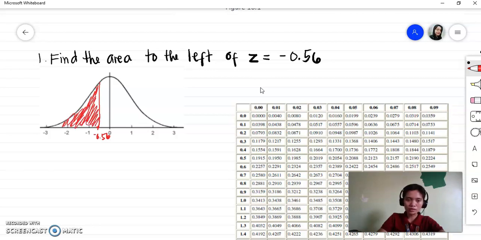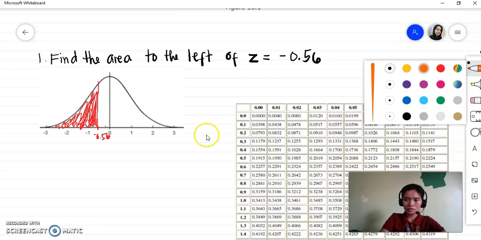Okay, that's ready to solve. Again, in this case, you need to subtract.